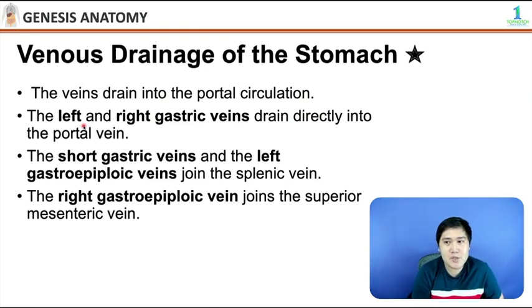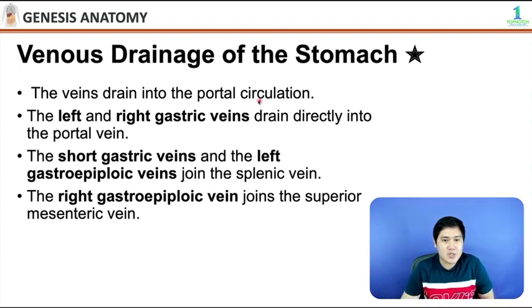Venous drainage was also asked in the previous exams. The veins will ultimately drain into the portal circulation. However, only the left and right gastric veins will drain directly into the portal vein. Your short gastric vein and left gastroepiploic vein will join first the splenic vein, and remember, your splenic vein is a component of your portal vein.